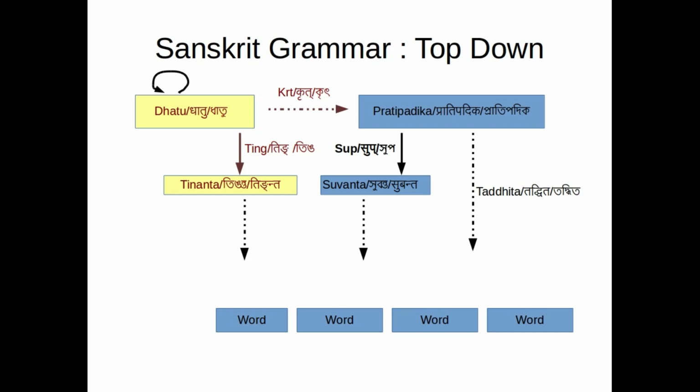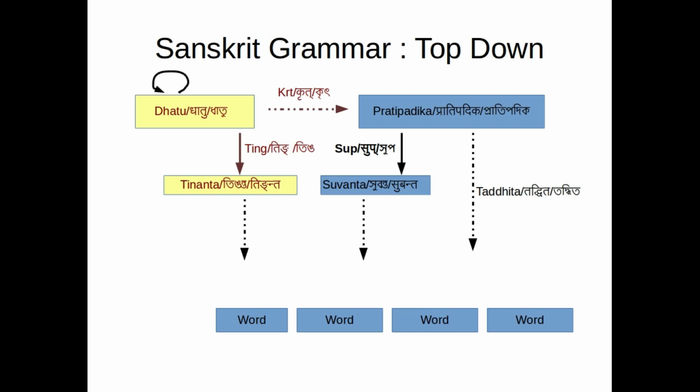They can come from a dhatu via ting vibhakti or ting pratyaya. They can come from a dhatu by first forming a pratipadika using krit pratyaya, followed by a sup pratyaya to get a subanta pad or word.